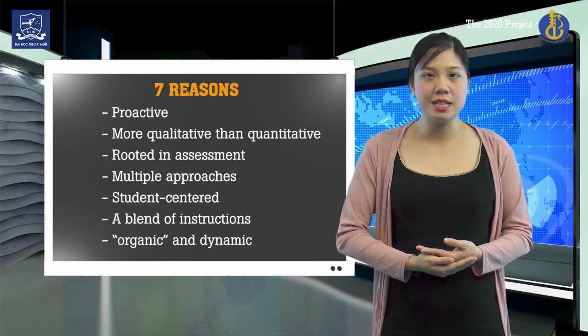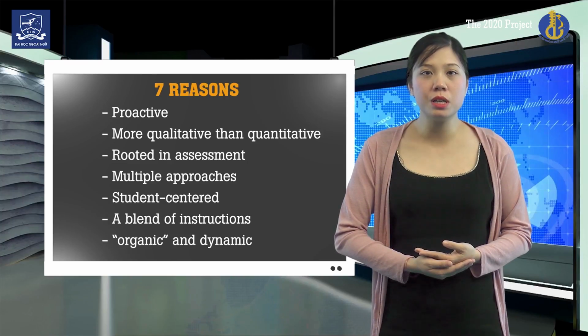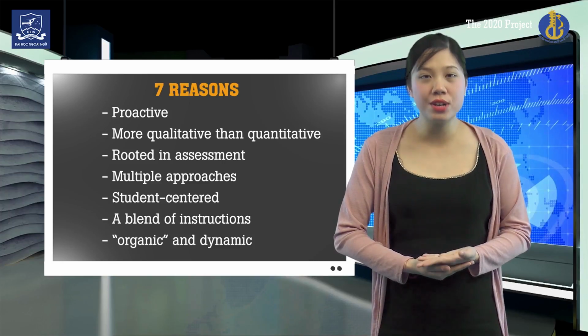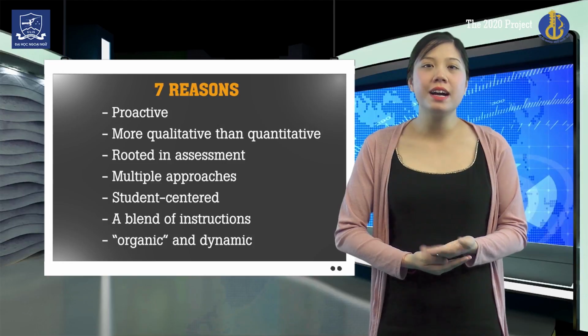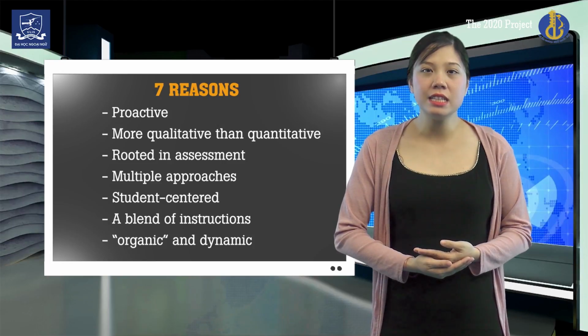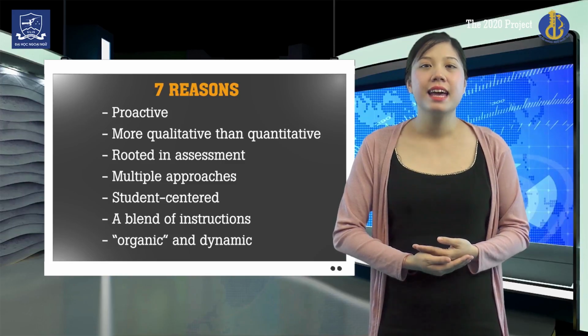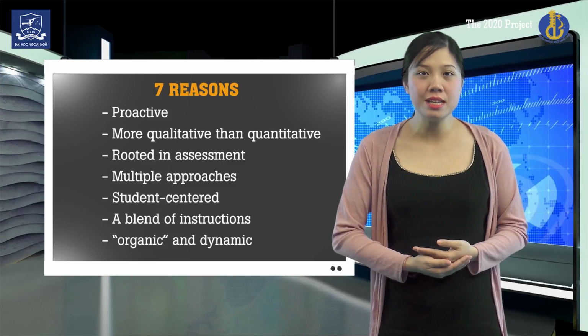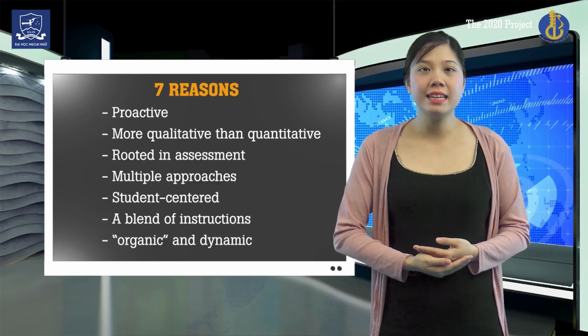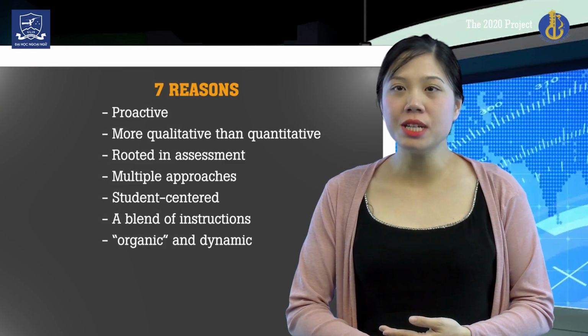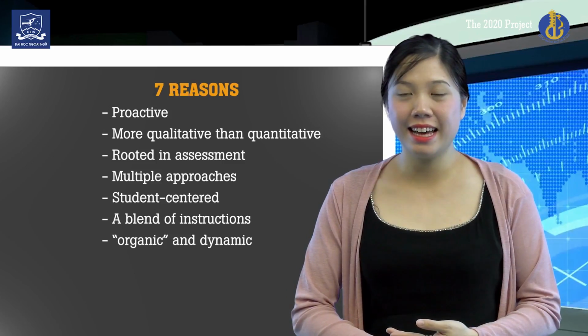Differentiated instruction takes multiple approaches to content, process, and product. 5. Differentiated instruction is student-centered. 6. Differentiated instruction is a blend of whole class, group, and individual instruction. 7. Differentiated instruction is organic and dynamic.